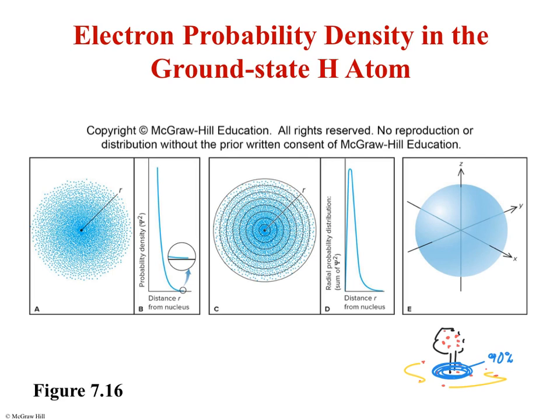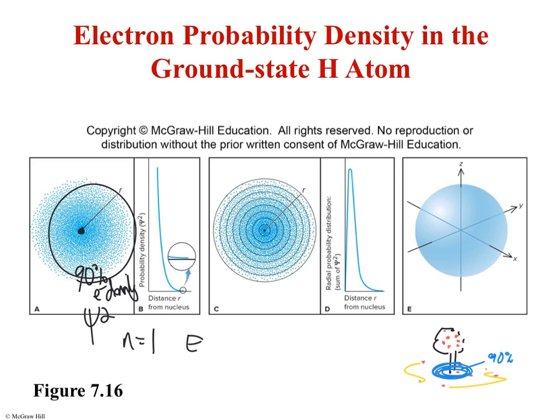So that's what you're approaching: you have the nucleus here, and then pretty much 90% of your electron density, which is the probability of finding an electron, and that is n equals 1.